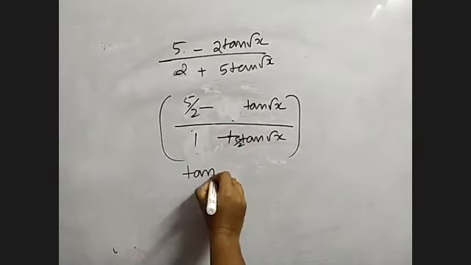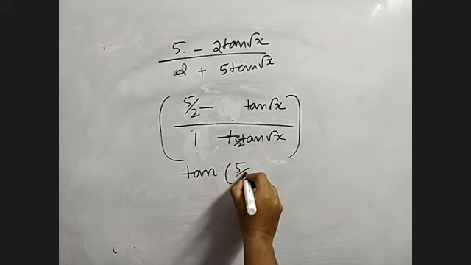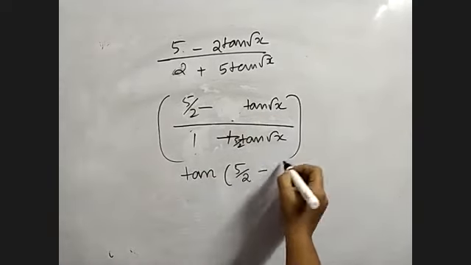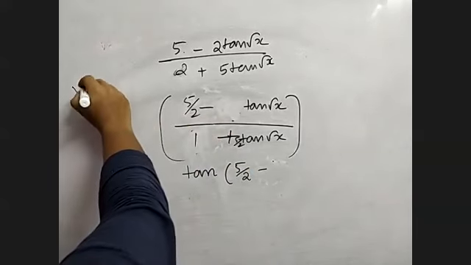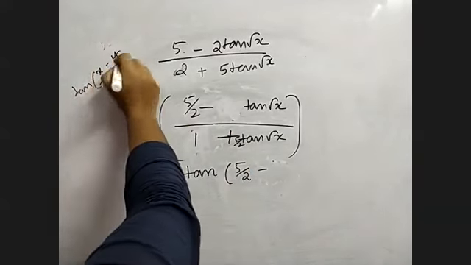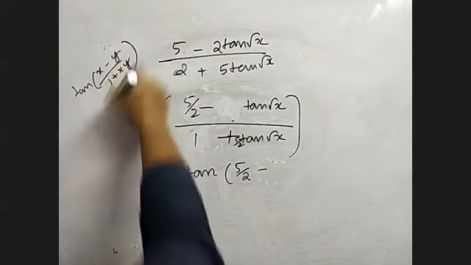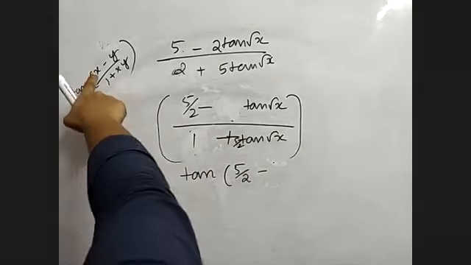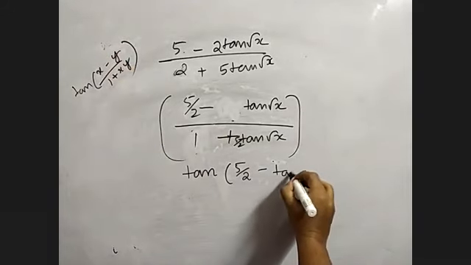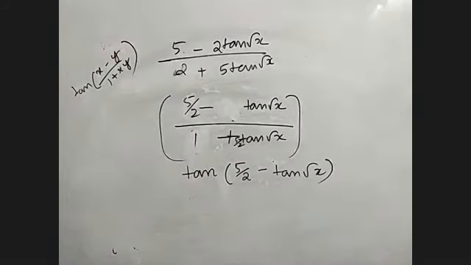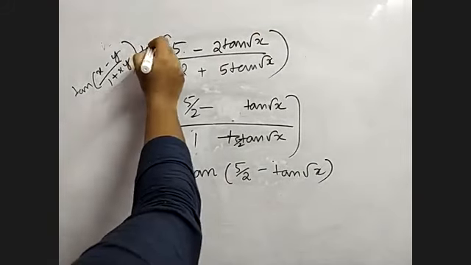So tan of x minus y by 1 plus xy. So what is our x? 5 by 2, y is tan root x. So outside this we have tan inverse.